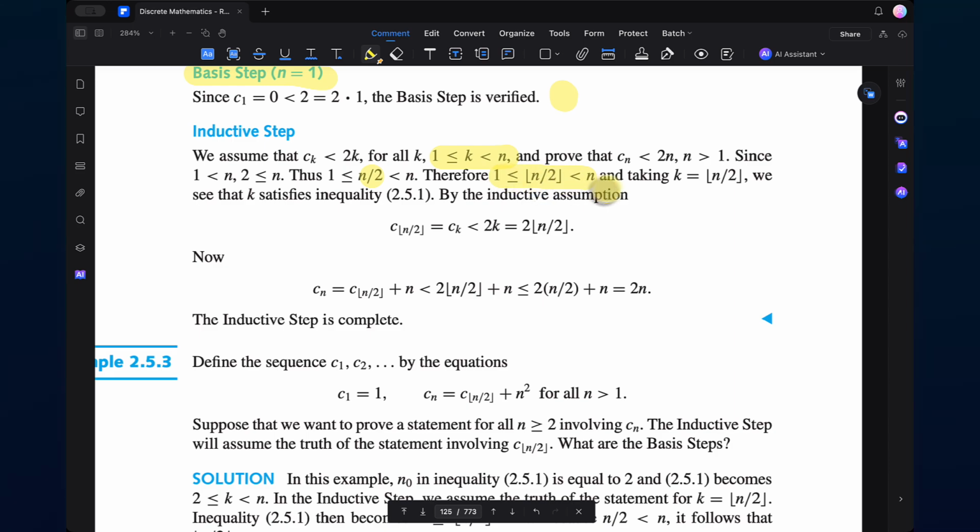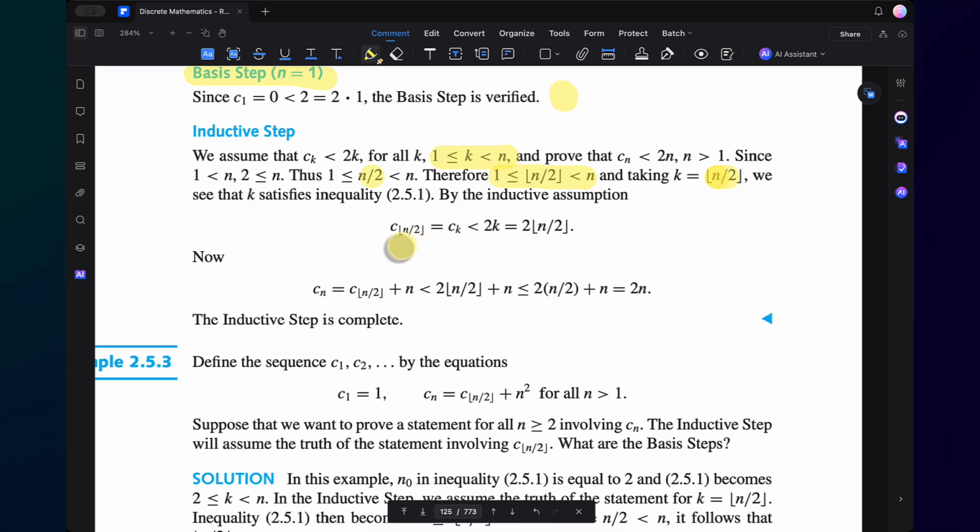And if we take k equal to that floor, then we see that k satisfies the inequality 2.5.1. So by the inductive assumption, we know that c sub floor of n over 2 is equal to c sub k, which is less than 2 times k, which is equal to 2 times the floor of n over 2.